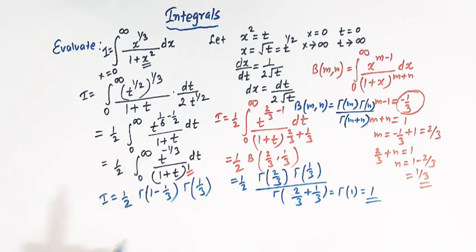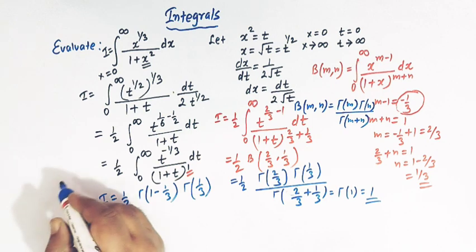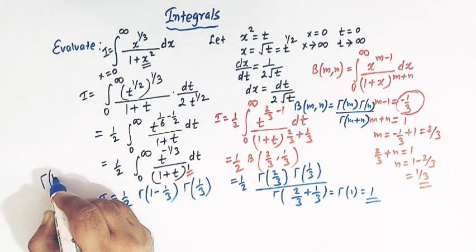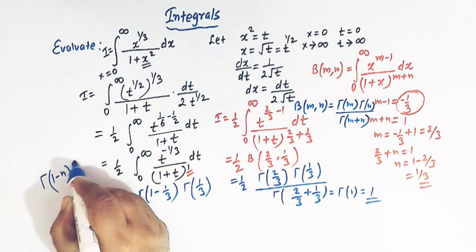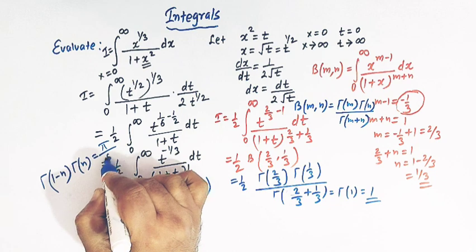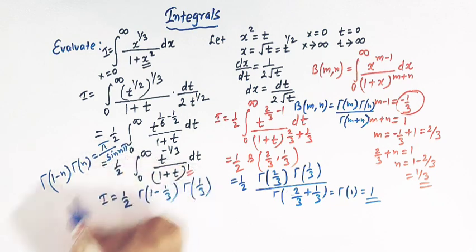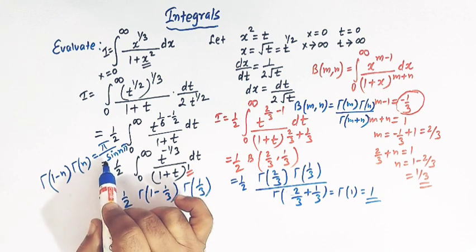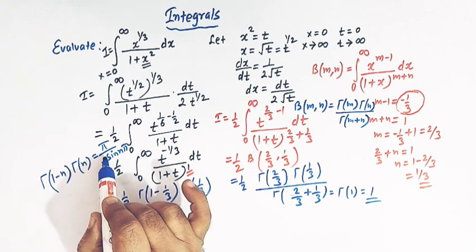Now here again we'll make use of another important result from beta gamma functions. So now we know the Euler's reflection formula, that is gamma of 1 minus n times gamma of n is equal to pi divided by sine of n pi, right? So this is the well-known Euler's reflection formula in beta gamma functions.